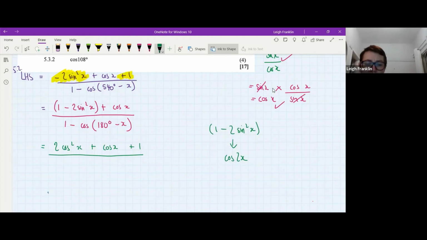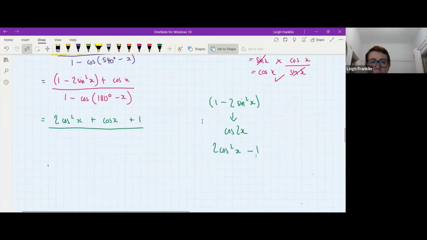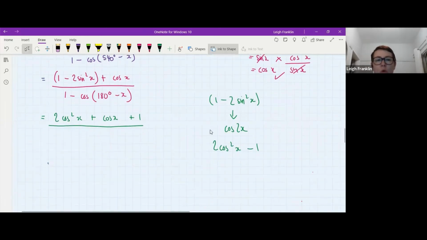And I've written cos 2x as 2 cos squared x minus 1, but I am now including that with the cos x. So I'm rewriting 1 minus 2 sine squared x as 2 cos squared x plus 1. Then I've brought this term down and stuck it in the middle, because then I've got a trinomial at the top. Does that make sense, Oratile, Michelle?